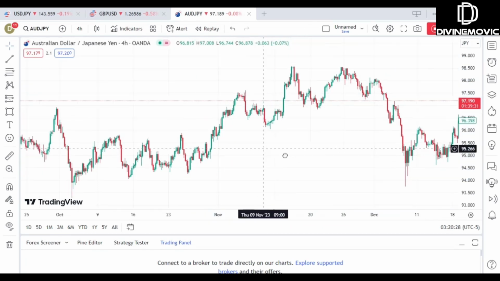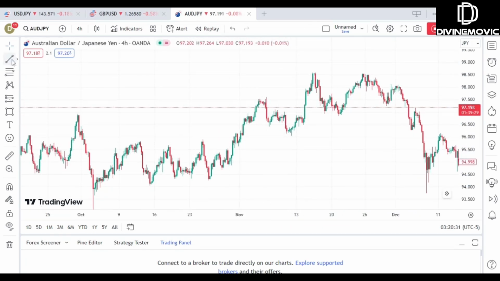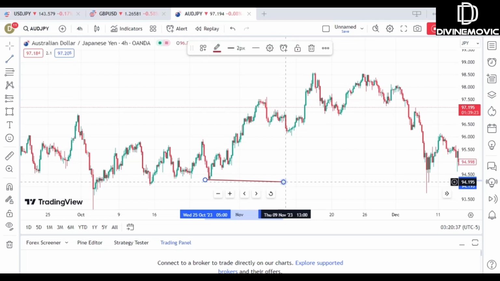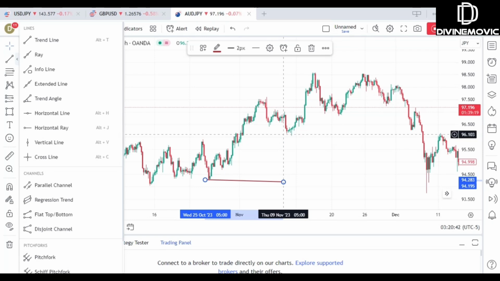Because you are seeing an uptrend there, you are seeing that here is a low. Here is a low. Here is another low.